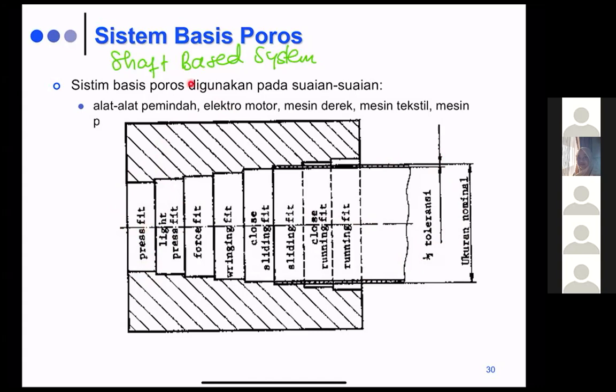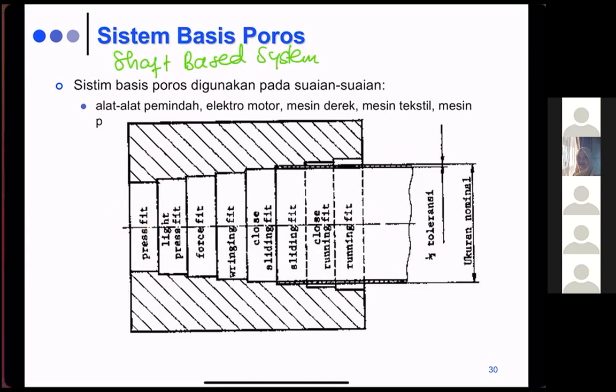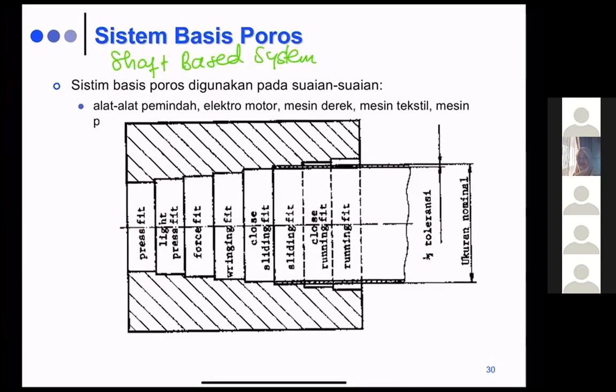Okay, this shaft based system is used for some fittings, for example in transportation, electric motors, textile machines and so on. In detail, I can't really give you an example, but if you are still curious, you can find it on YouTube or elsewhere to learn more about the types of fittings.